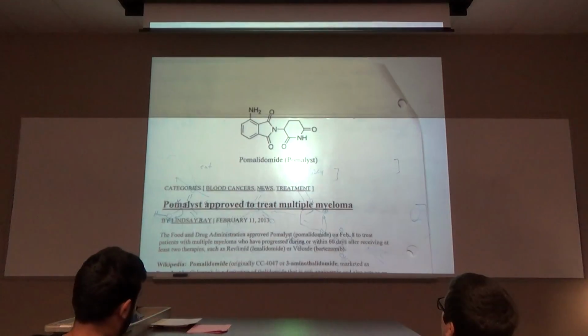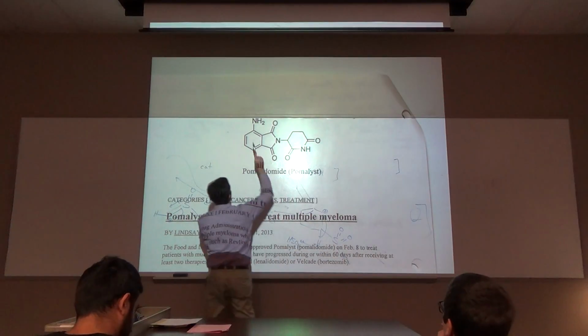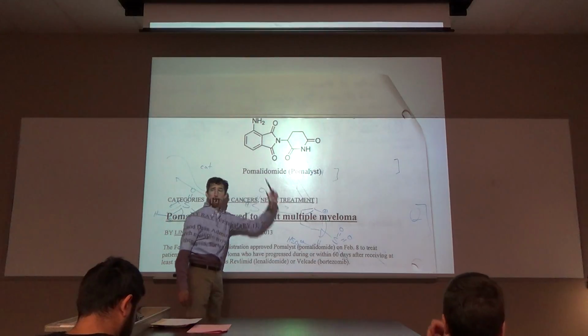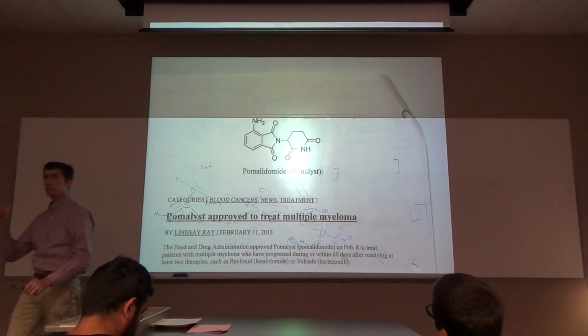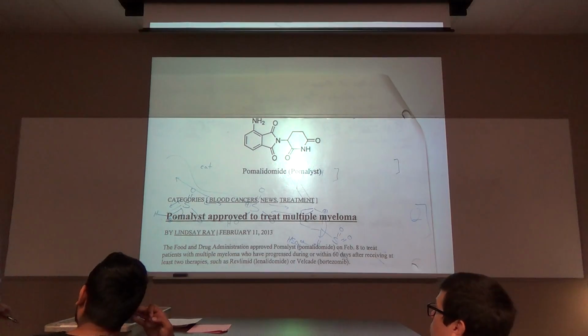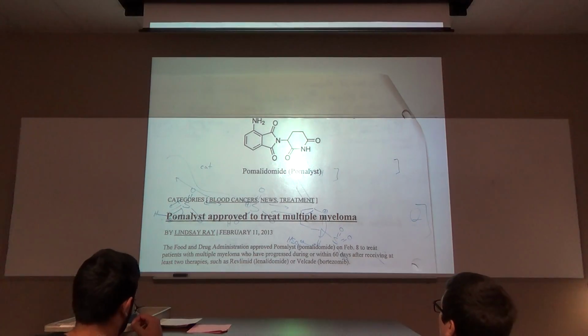As we finish up here, just a drug example. Here's an amino group on a benzene ring. How do you get an amino group on a benzene ring? Two-step process. You first nitrate and reduce. Yeah. That's most likely how that drug here was made.